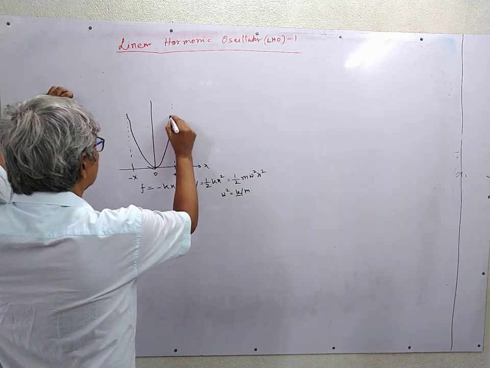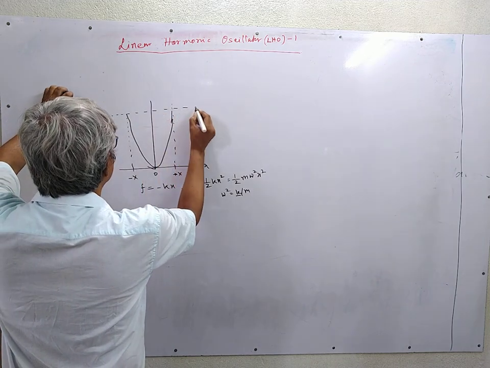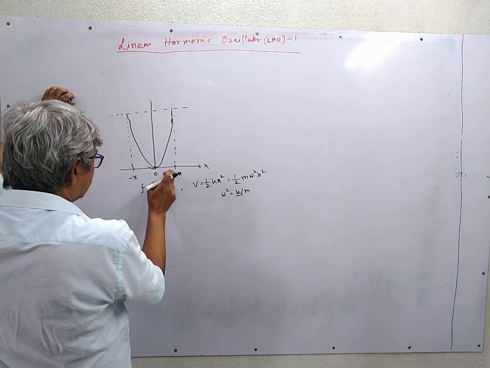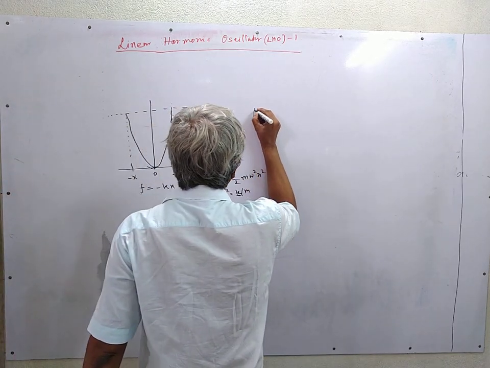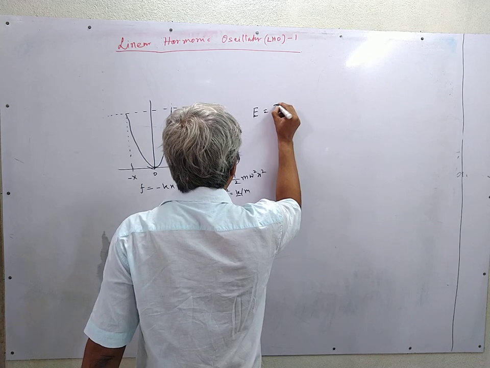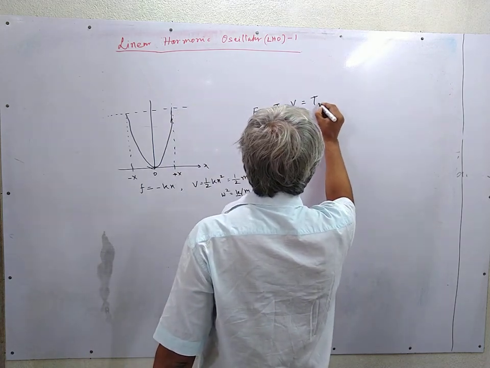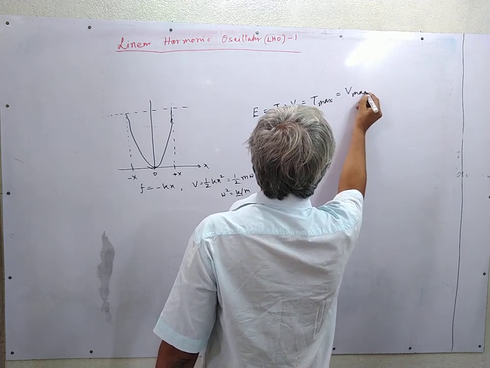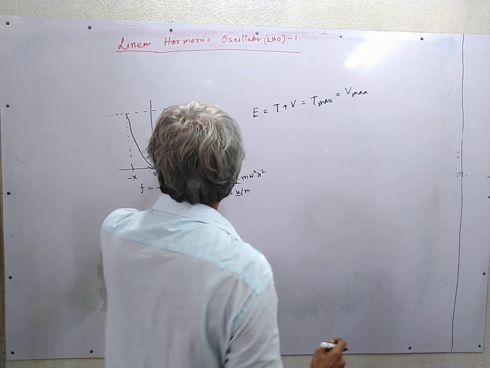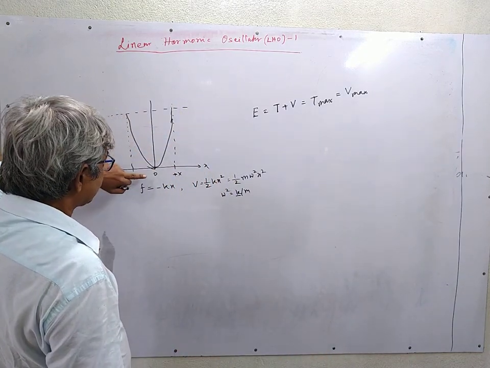This is the total energy of the particle, because at the extremities the potential energy is equal to total energy. That is to say, the total energy E is equal to kinetic energy plus potential energy. It can also be written as T max, or it can be written as V max, where V max arises at the extremities and T max arises at the center.